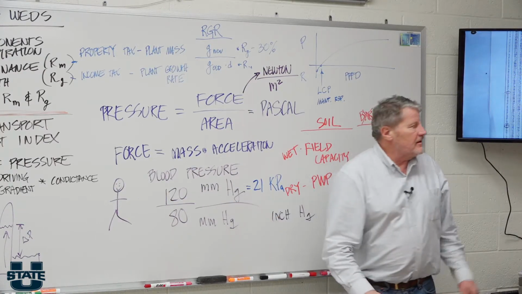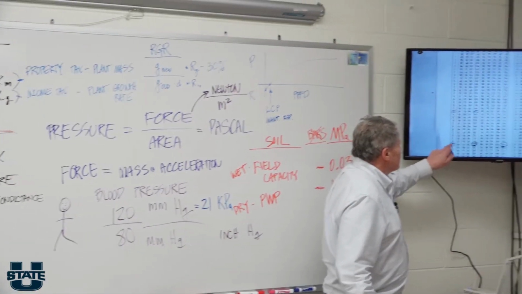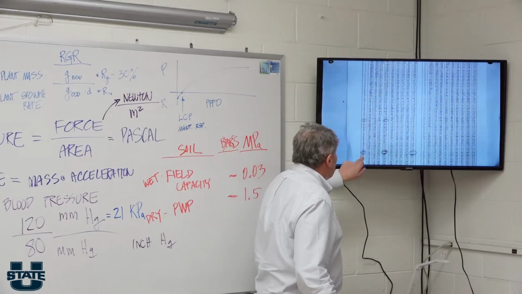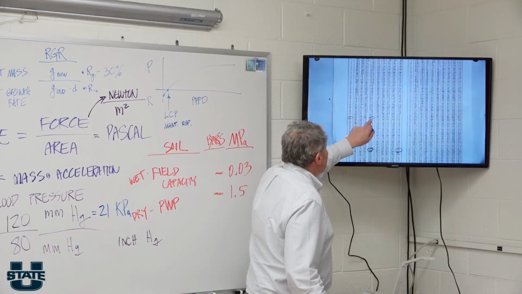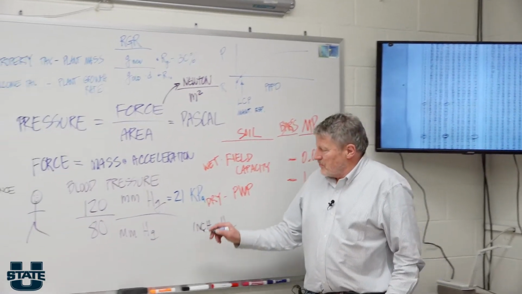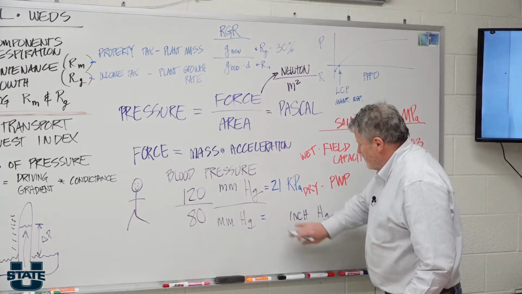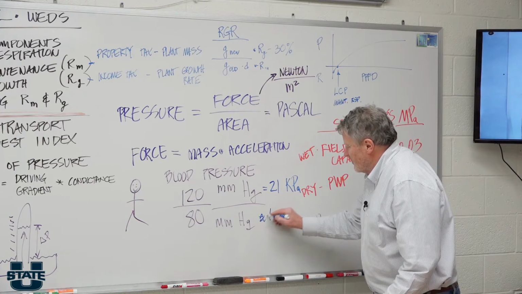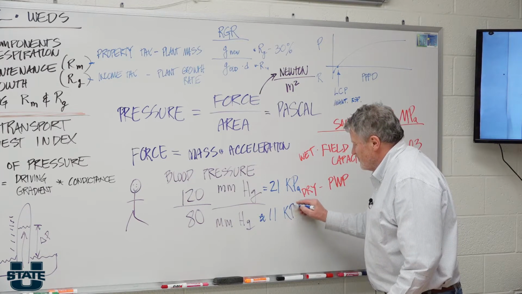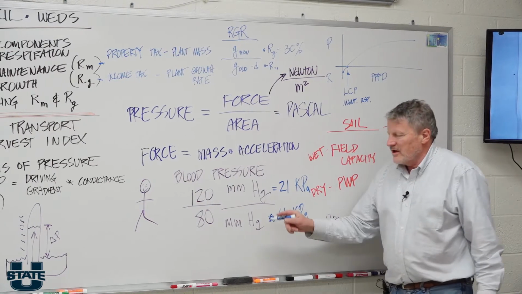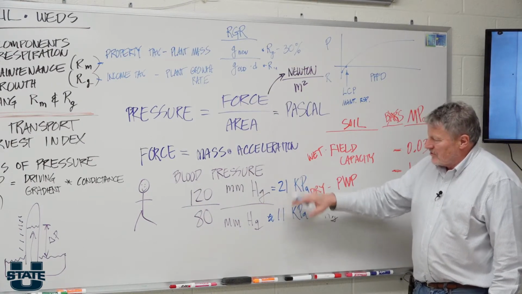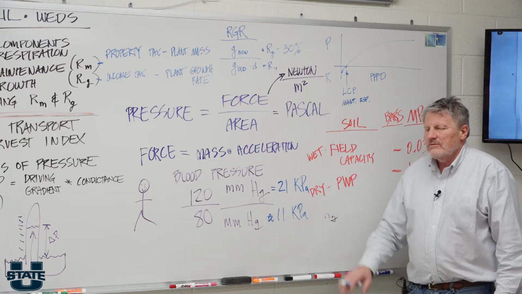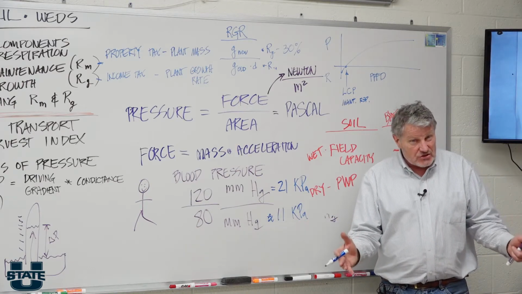And obviously 80 is less than that. 80 would be up here. This is 10.7, roughly 11 kilopascals. So someday we'll get all the blood pressure in the world converted to SI units, 21 and 11. That's the pressure in our systems.